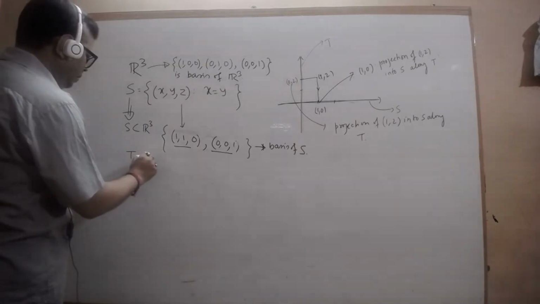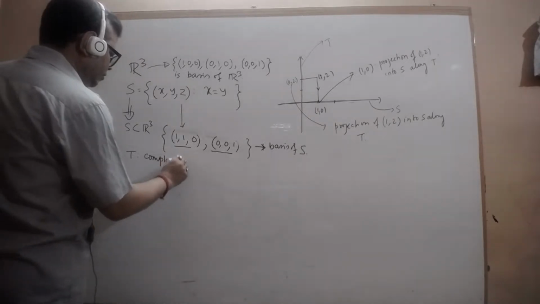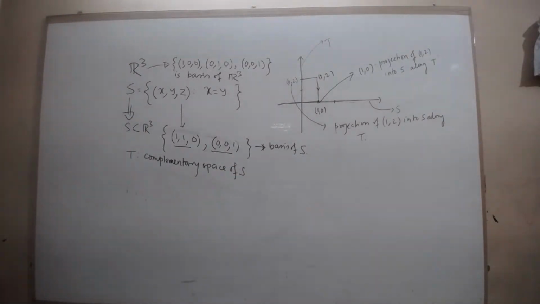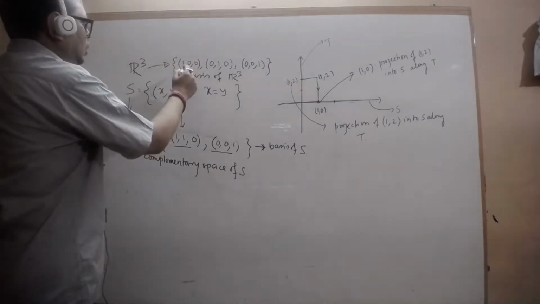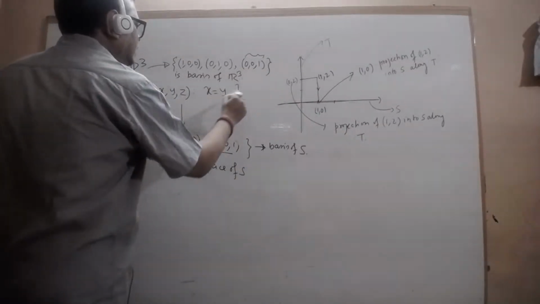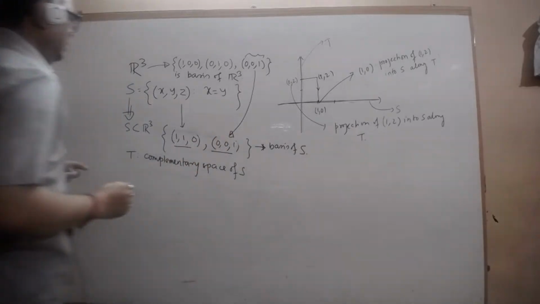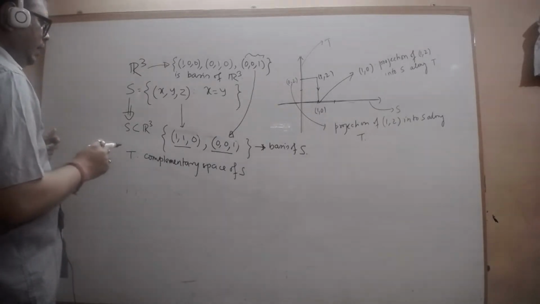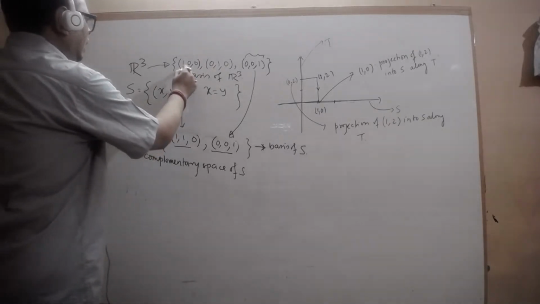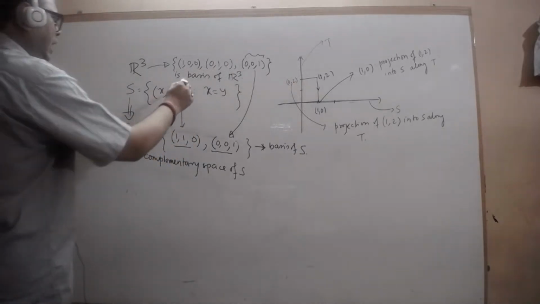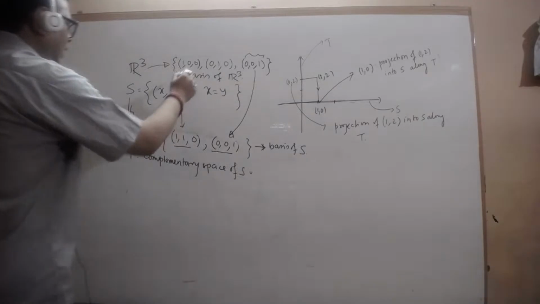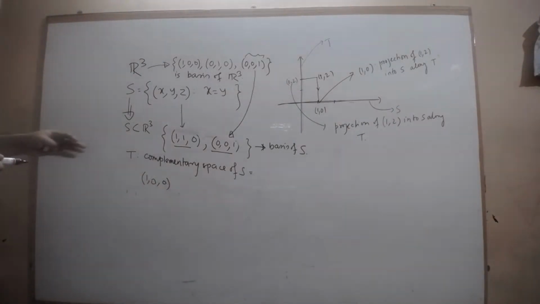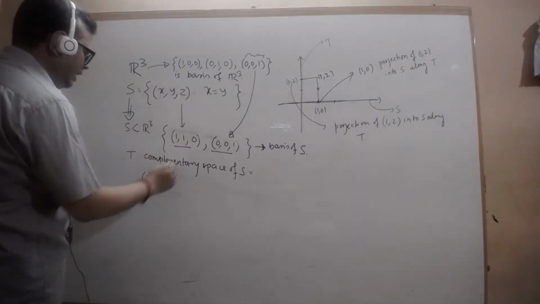So if P is a complementary space of S, then you see that this vector already is here, and you see that 100 or 010, if you take any one of them, either if you take 100, then you see that this is an independent vector.